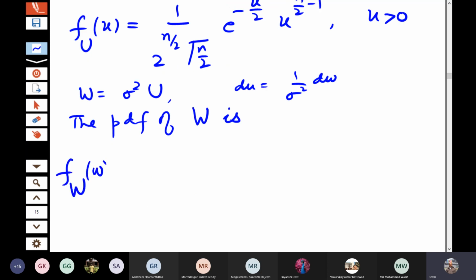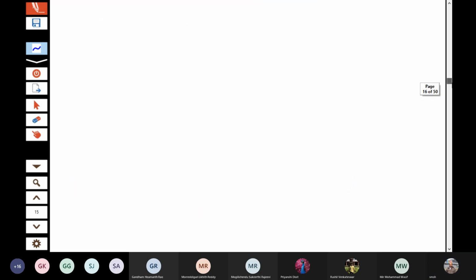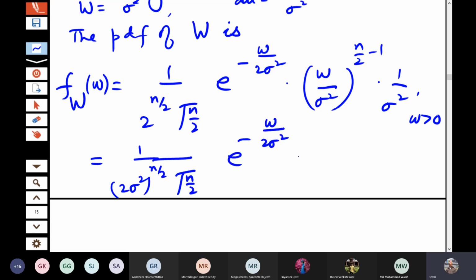So 1 over 2 to the power n by 2 gamma n by 2, e to the power minus W by 2 sigma square, then W by sigma square to the power n by 2 minus 1, times 1 by sigma square, for W positive. In simplified form, this is 1 by (2 sigma square) to the power n by 2 gamma n by 2, e to the power minus W by 2 sigma square, W to the power n by 2 minus 1.